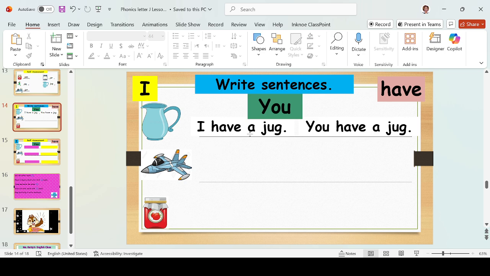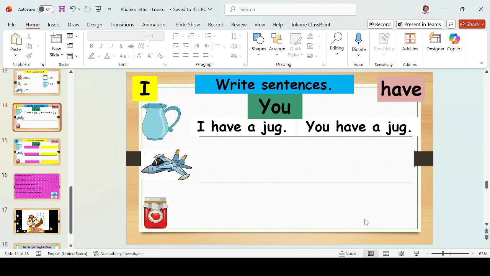I have a jam. This is a jam. So you write, I have a jam. And then full stop. Remember to start with capital letter, uppercase, finger space, and then you leave a space here and you write, you have a jam, this side. Okay.